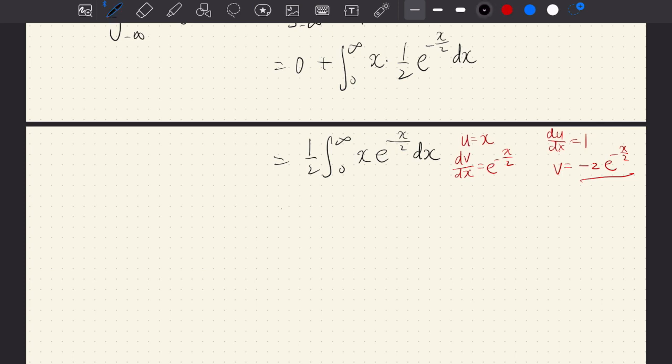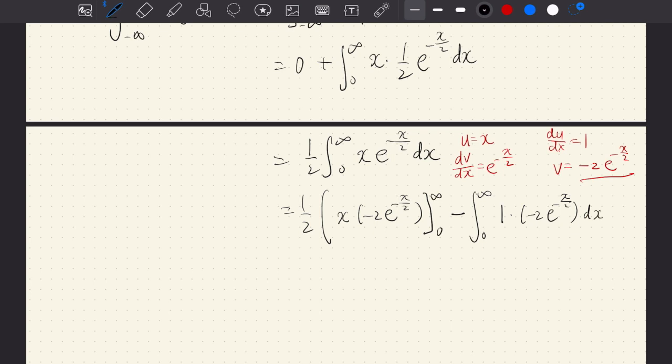So we can apply the formula for integration by parts. The first term should be uv, and remember that you have to evaluate it from 0 to infinity, subtracted by another integral, which is integrating v du. So du is 1, and v is negative 2 e^(-x/2) dx.